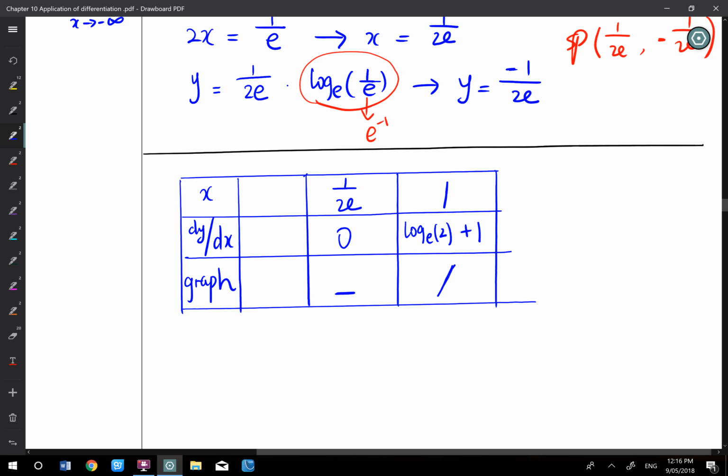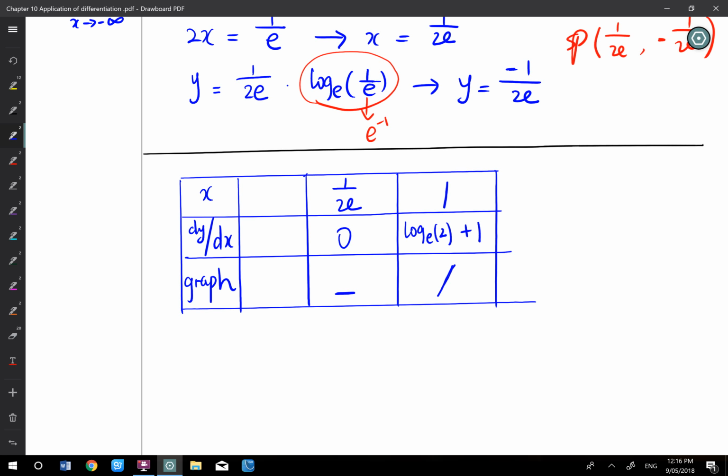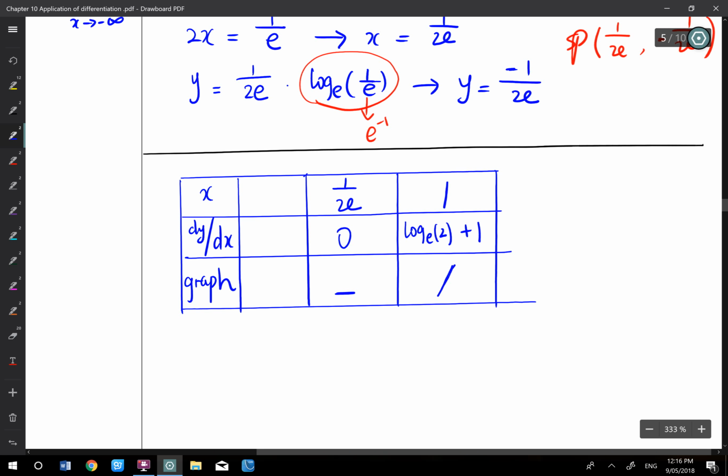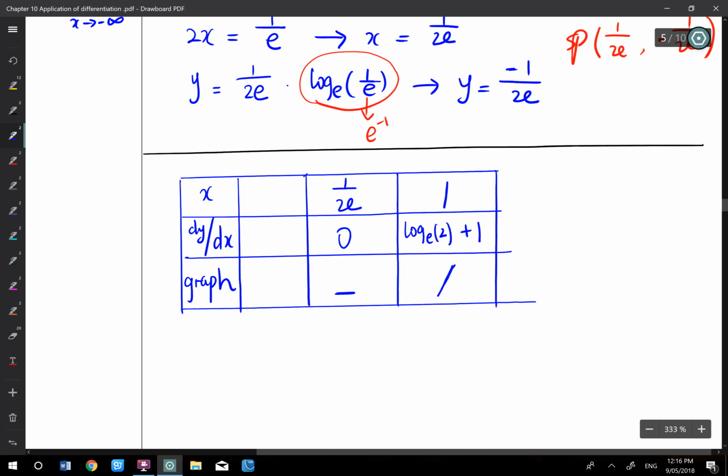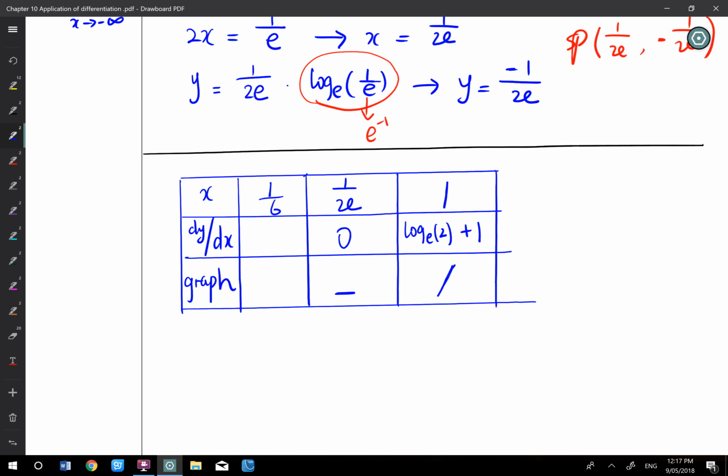Now it's the left. Okay, I select a random number on the left. Let's see what will happen. e is approximately 2.7, right? Let's say 5.4 at the bottom. And if I say 1/6, that will be smaller than that. Let's see what will happen.